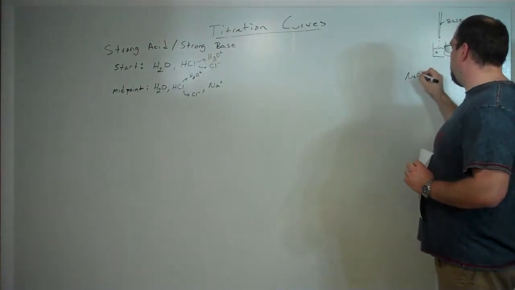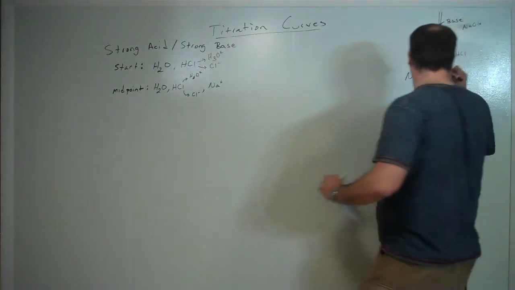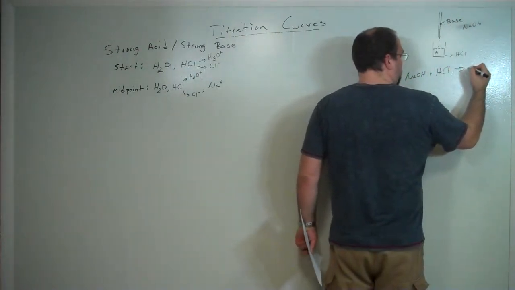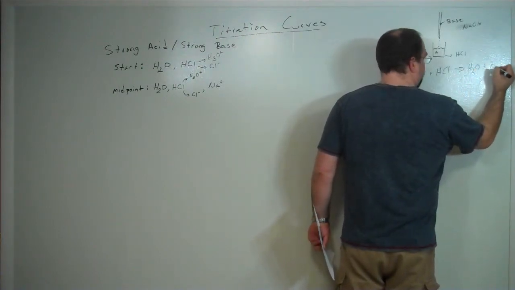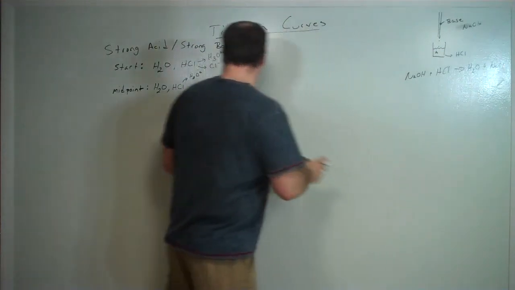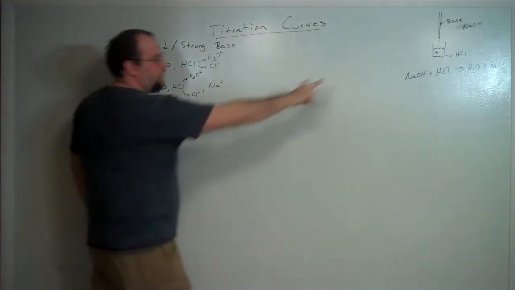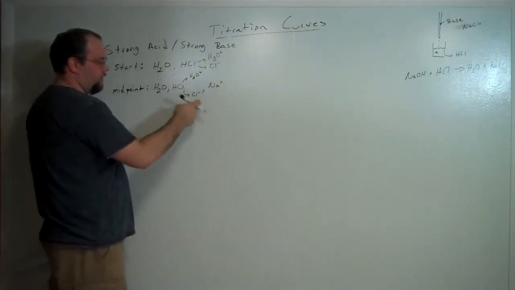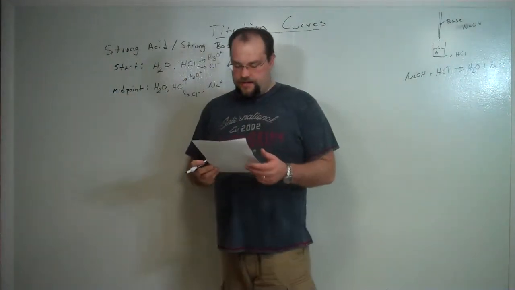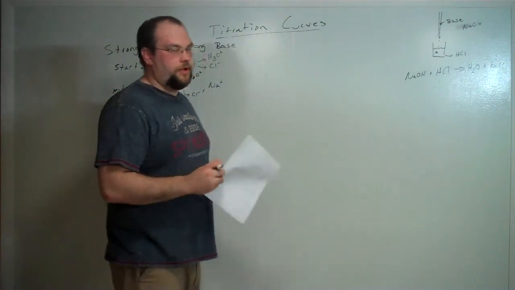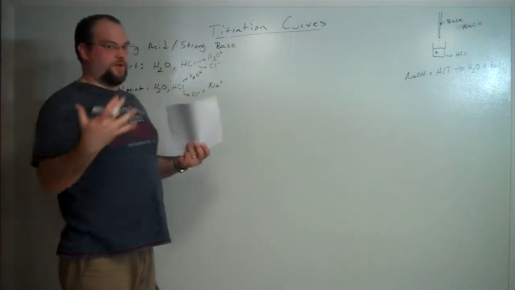When I have NaOH plus HCl react, it's going to form H2O and NaCl. The H2O, adding more in there. The NaCl, right there. Okay? So that's kind of halfway to the equivalence point, or the midpoint of my titration.